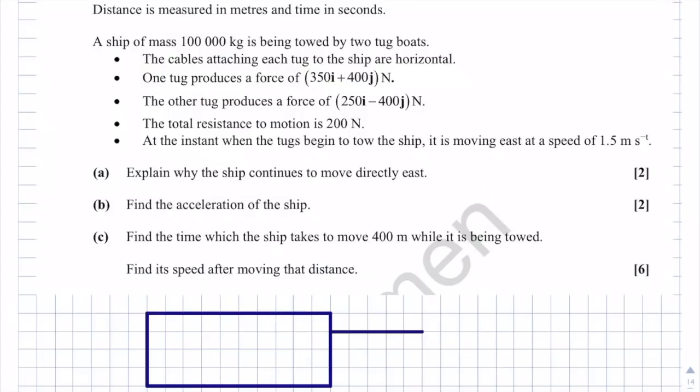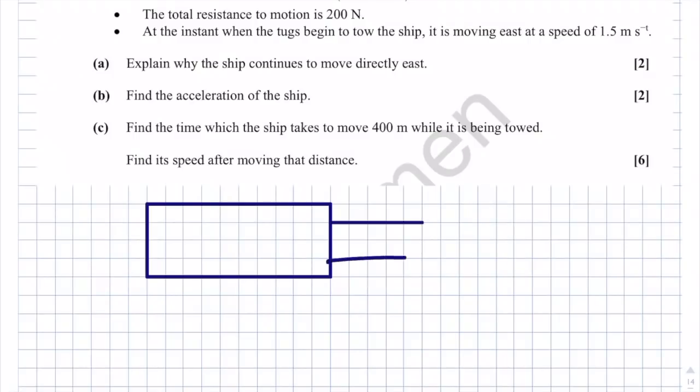We're told that the cables attaching each tug to the ship are horizontal, so I can just draw them like this. Now I can draw 2 smaller rectangles to represent the tugboats. One can be like that, and the other could be like that.